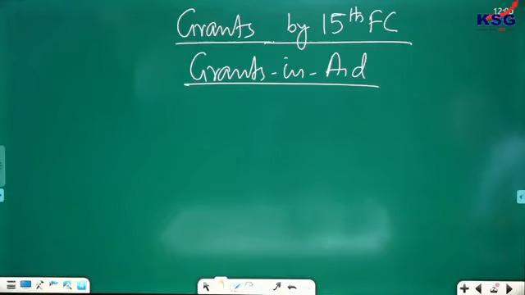Over the 2021-26 period, the following grants will be given from the center's resources.